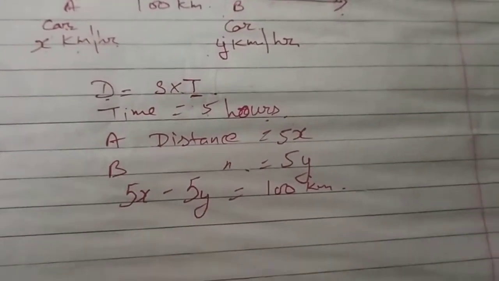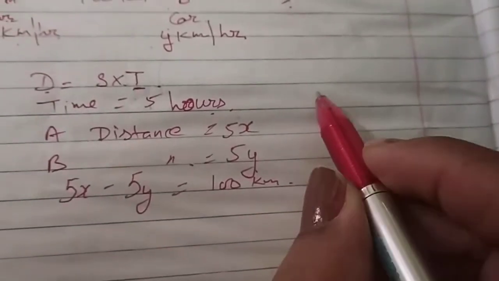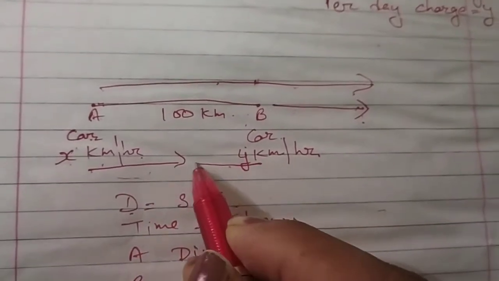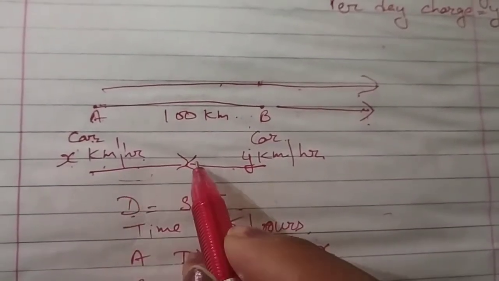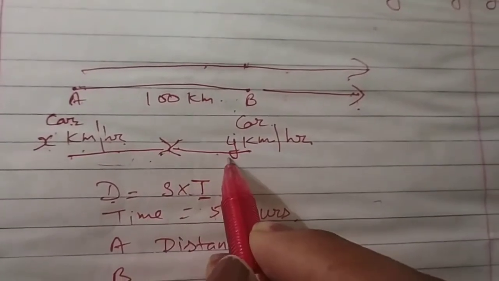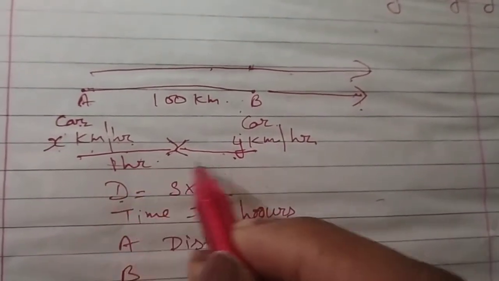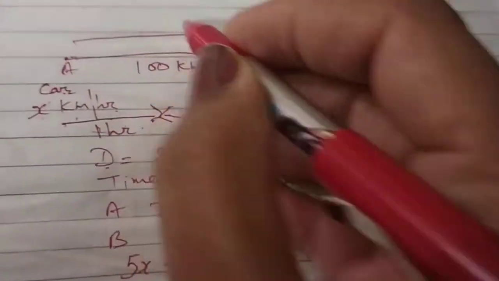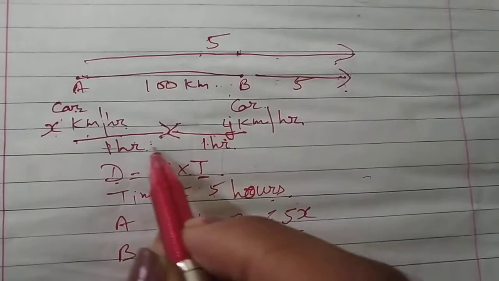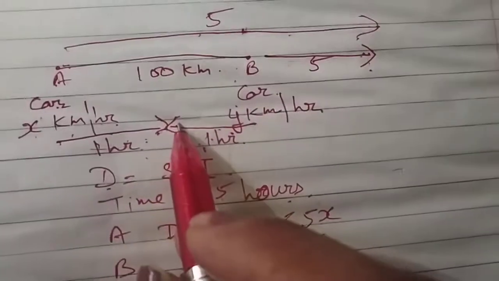And he is saying that if they both travel in the opposite direction, it means A is traveling in this direction and B is traveling in this direction, then obviously they both will meet each other soon. It will take less time. So they both have traveled for 1 hour. Here they both have traveled for 5 hours, and here they both have traveled for 1 hour, and they both meet each other.